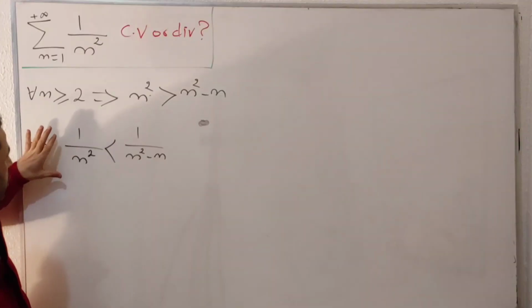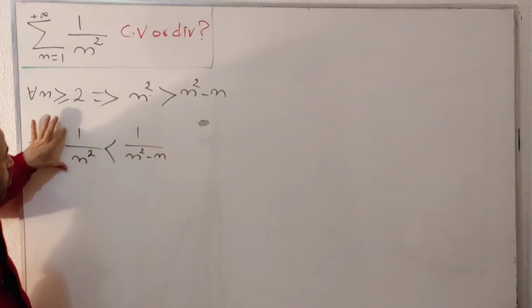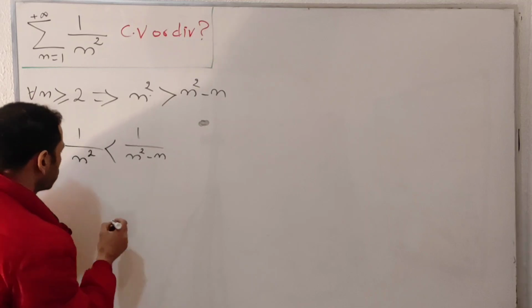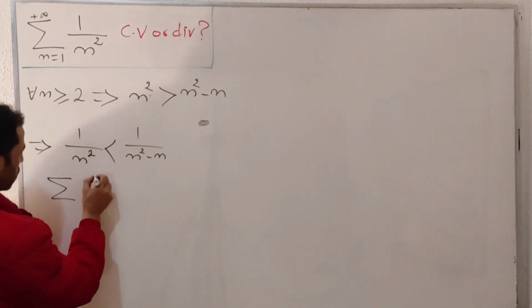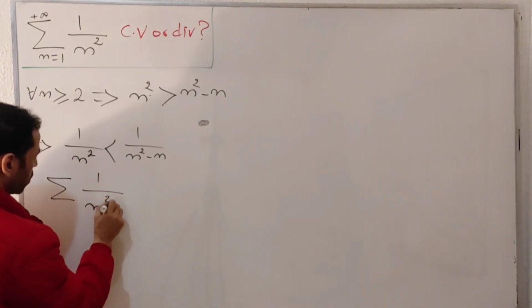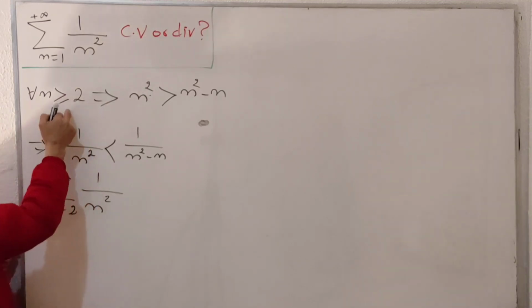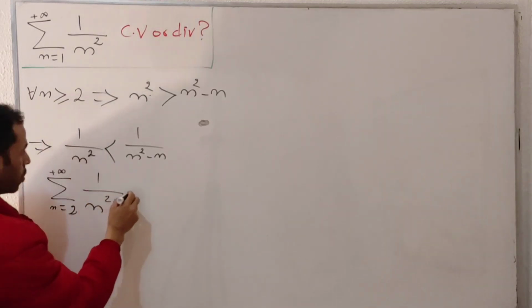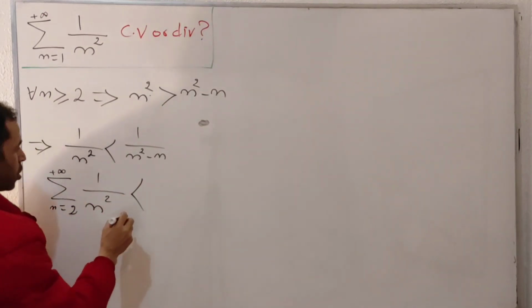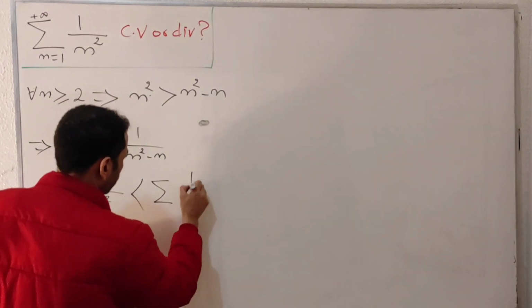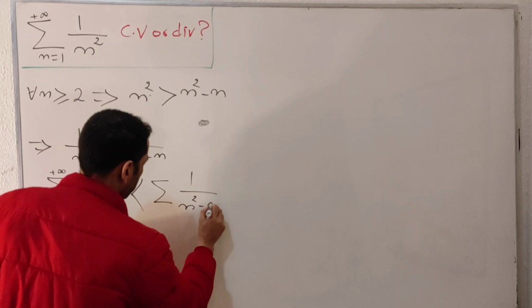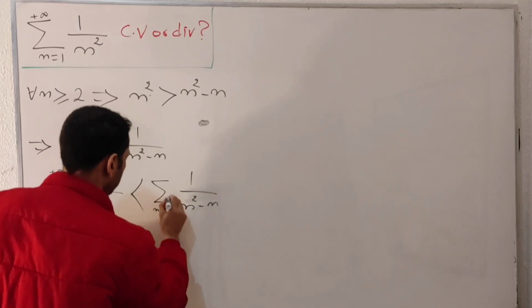The next thing, I'm going to apply the sum notation on both sides. So we'll have the sum of 1 over n squared as n goes from 2 to infinity, because we have chosen n superior or equal to 2, which is strictly inferior to the sum of 1 over n squared minus n as n goes from 2 to infinity.